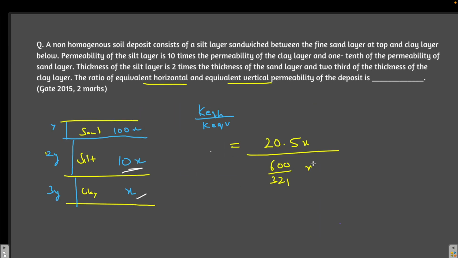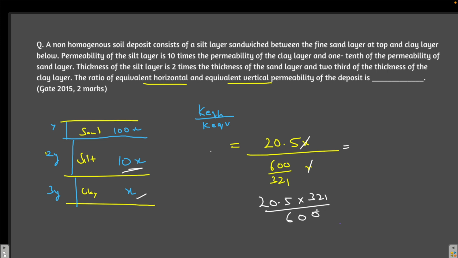So x and x will be gone again, and we will be left with 20.5 into 321 by 600.